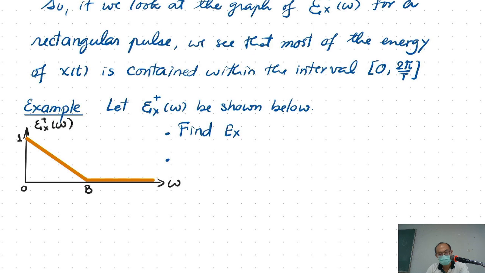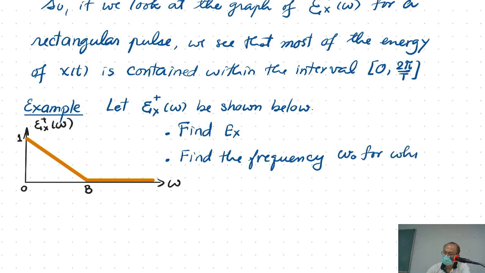We also want to find the frequency omega 0 such that the energy in the interval from 0 to omega 0 of Ex plus d omega is equal to 1/2 of the total energy.